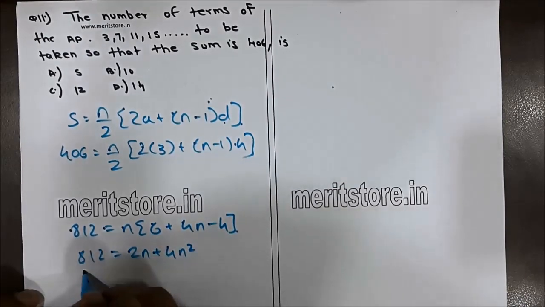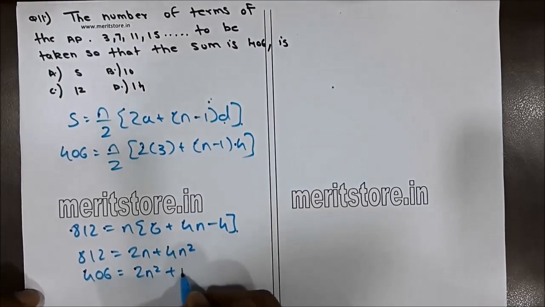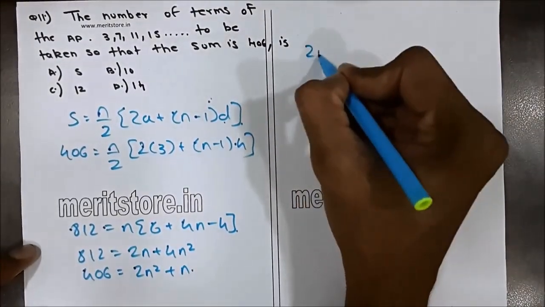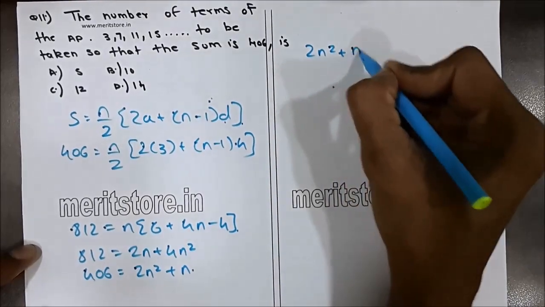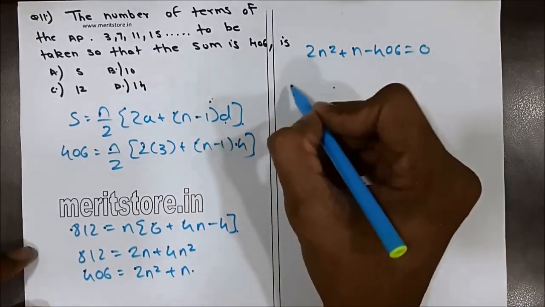We take 2 as common, we get 406 equals 2n squared plus n. Now 2n squared plus n minus 406 is a quadratic equation, so we solve for n.